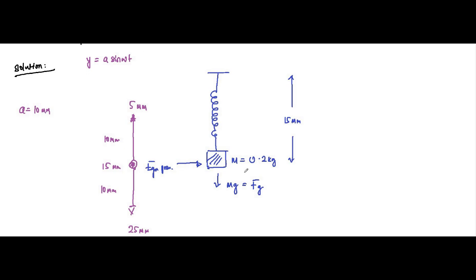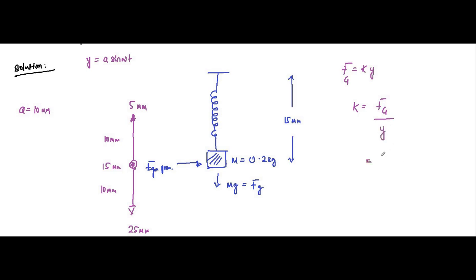Now we know that when a mass is connected to a spring, there will be a restoring force equal to k y, where y is the elongation produced by the spring. Here the force acting is the downward gravity force. So the spring constant will be the gravity force divided by the elongation y.